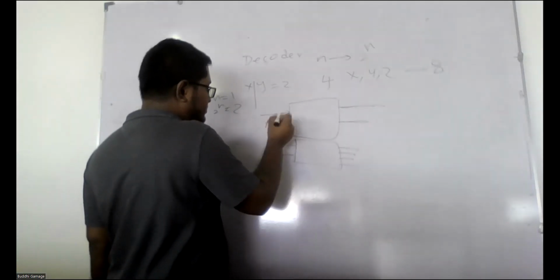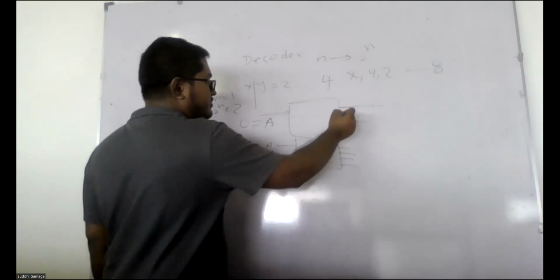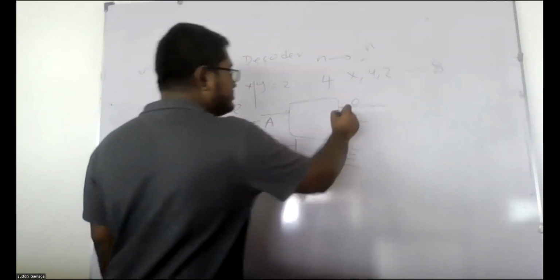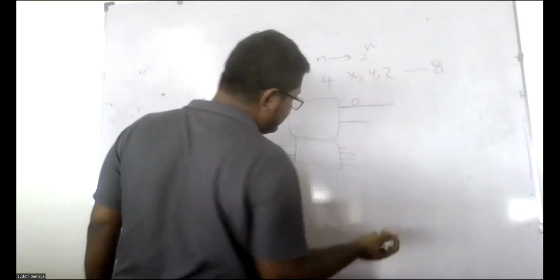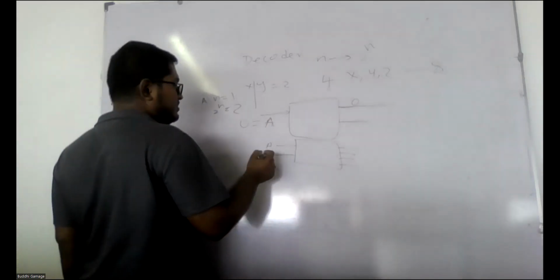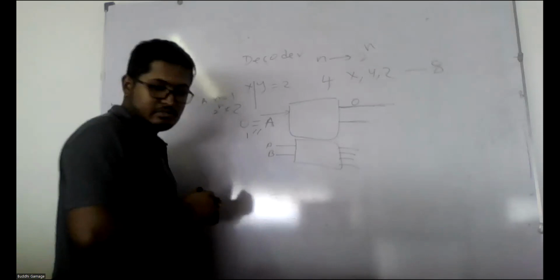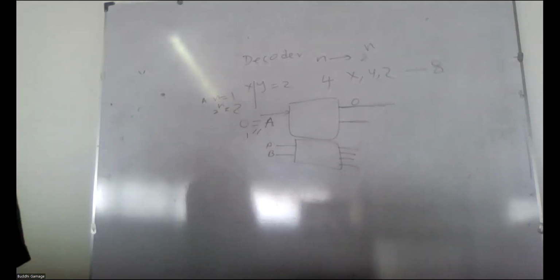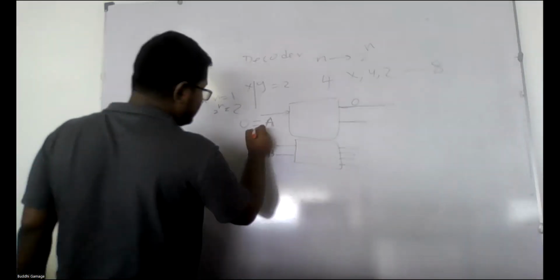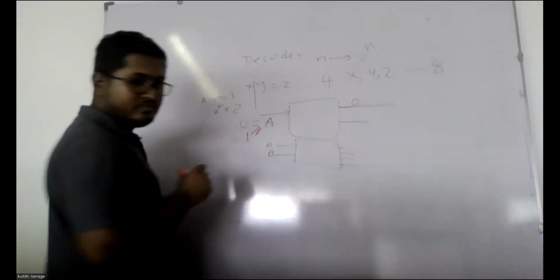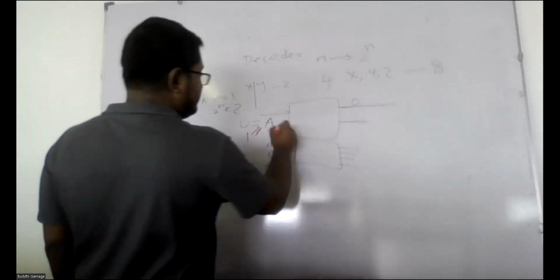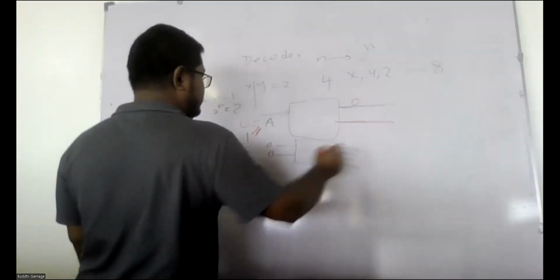According to this variable, let's say this is 0, then this line should work and all others should be false. And if this is 1, then this line will work.